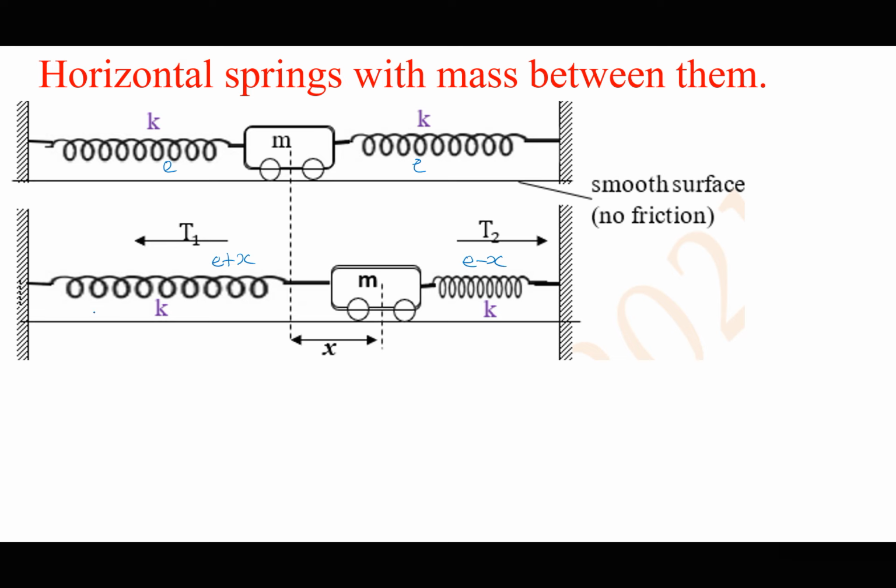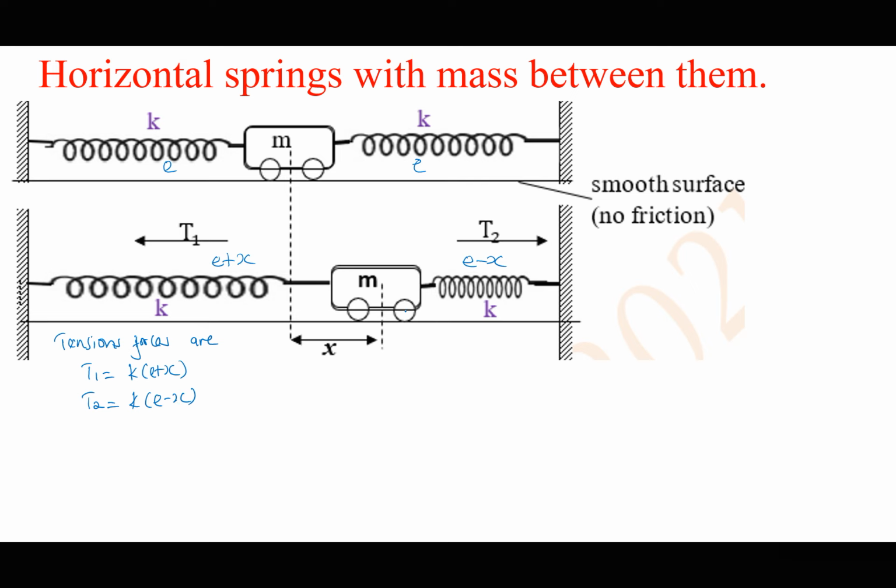So the tension forces in the springs are: T1 is going to be equal to K into E plus x, and T2 is going to be K into E minus x. Those are the tension forces in the springs.